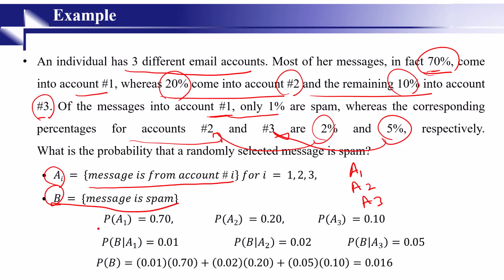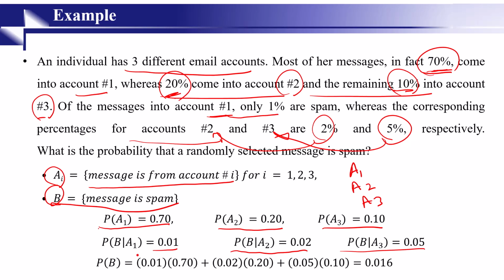So now probability of A1 is 70%, probability of A2 is 20%, and probability of A3 is 10%. Probability of B given A1, it means the message is spam given it is from account 1, is 1%. Probability that the message is spam given it is from email 2 is 2% and 5% for the last one.